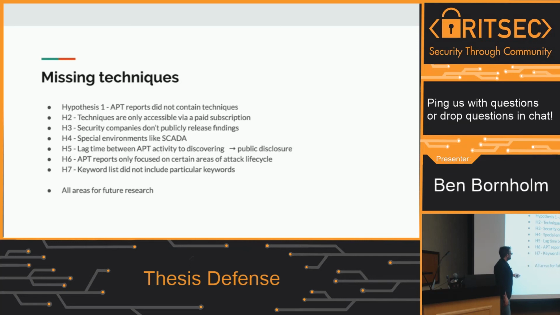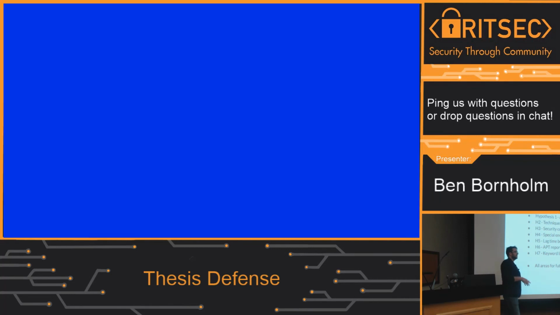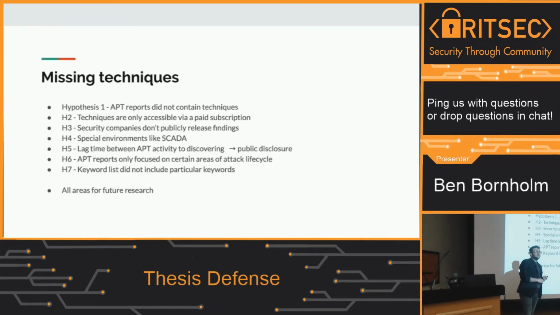There is a lag time between APT activity, discovery, and public disclosure. Specifically with APT1, the first APT that started this whole trend, they started at the end of the 1990s, the early 2000s. Mandiant started looking into APT1 around 2004, so there was a 4-year gap before Mandiant focused their efforts on this APT.